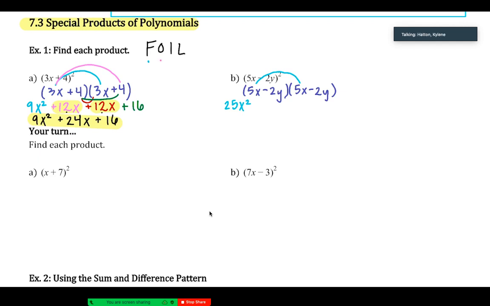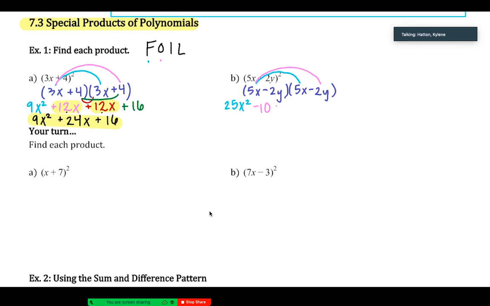And then the O in FOIL stands for outer, so I have to multiply the terms on the outside of the parentheses. So the 5x times the negative 2y. I'll multiply the 5 times the negative 2, that's negative 10. And then x times y, those aren't the same variables, so I can't combine them and add their exponents.